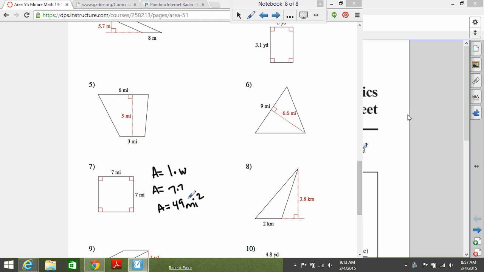All right, number 8. We have a what? Okay. Formula is okay. What's the base? What's the height?